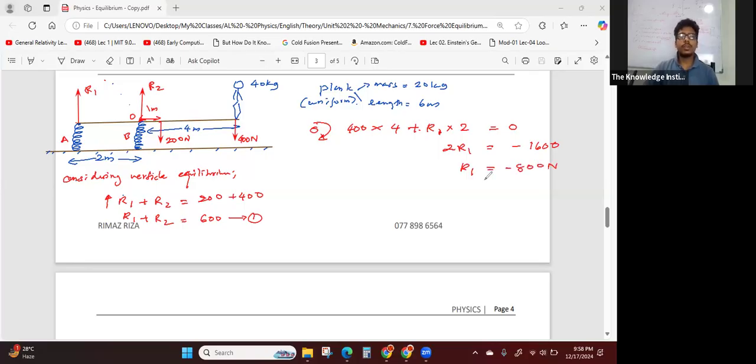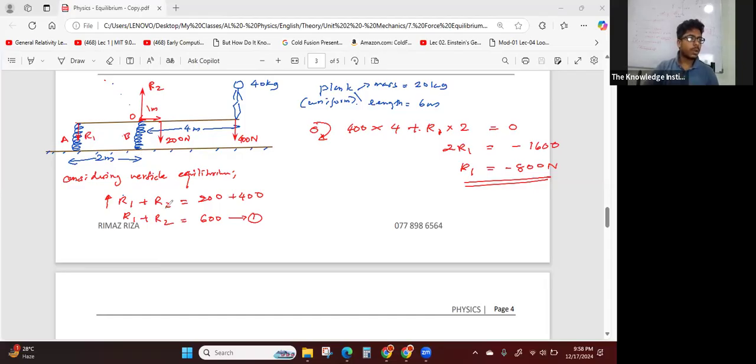So we get minus, which means R1 is actually in the downward direction. So R1 is in the downward direction. Okay. And now using equation 1, I can find R2.